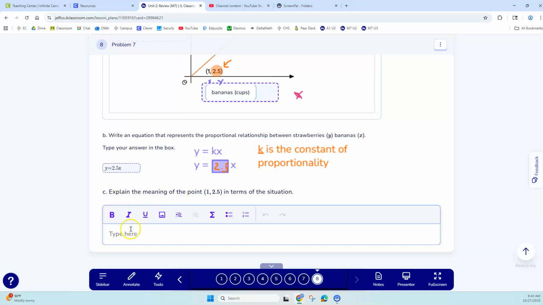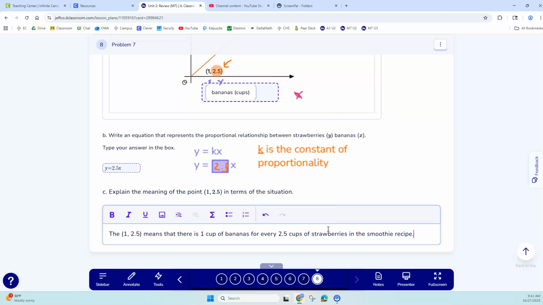And explain the meaning of the point (1, 2.5) in terms of the situation. The (1, 2.5) means that there is 1 cup of bananas for every 2.5 cups of strawberries in the smoothie recipe.